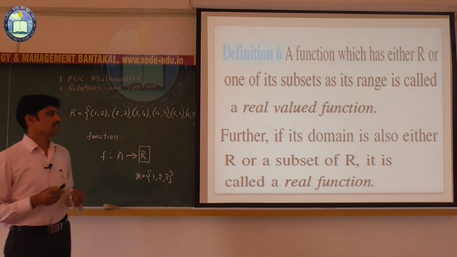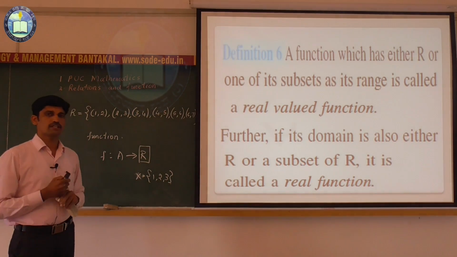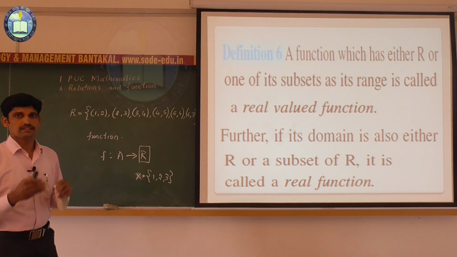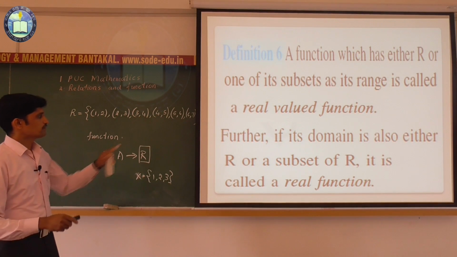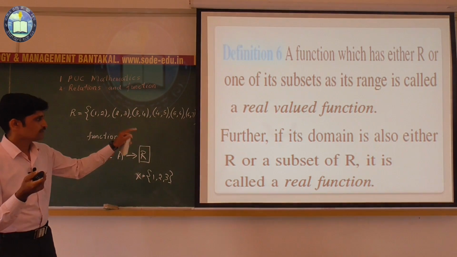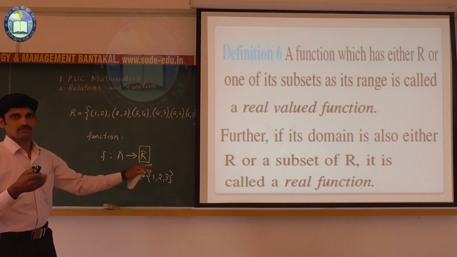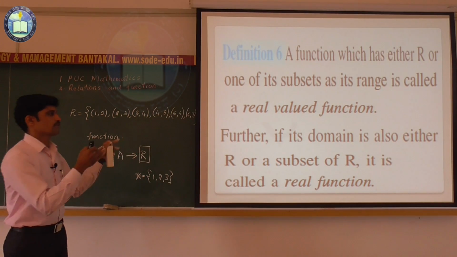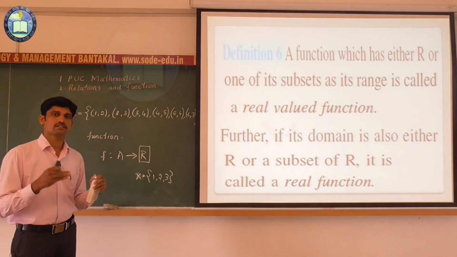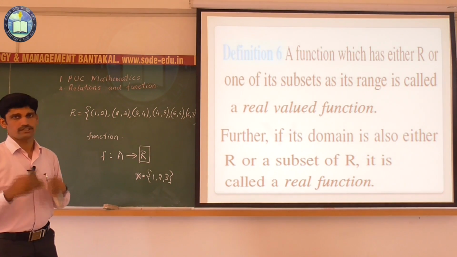Further, if its domain is also either the set of real numbers or a subset of R, then it is called a real function. So, real valued function states about the codomain, whereas the real function requires the condition that the first set and second set both must be the set of real numbers or subsets of real numbers.